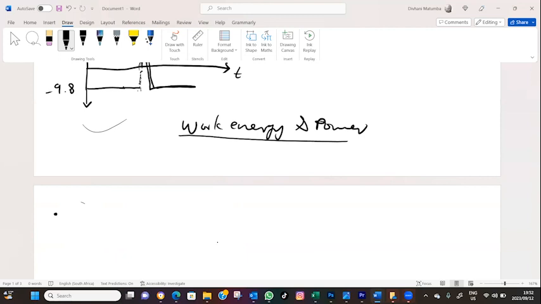Newton's first law states that a body will remain at rest or continue to move at a constant velocity unless a resultant force acts on it. When a resultant force acts on an object, there's work done, which is a scalar. And that work done is done by the net force.